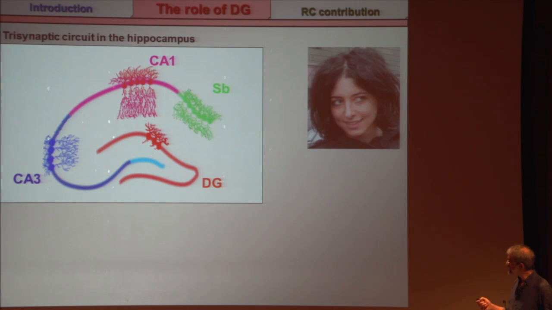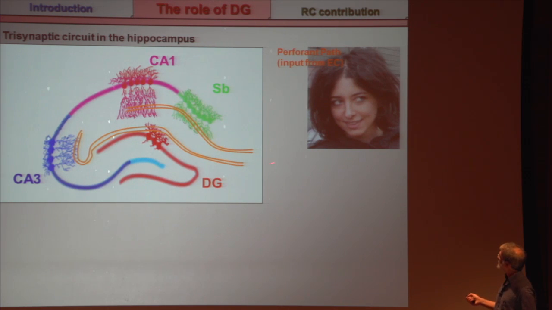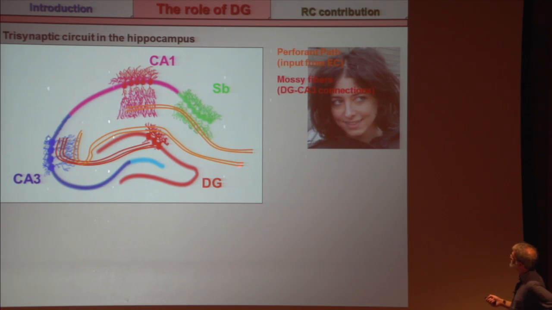So this is a diagram of the internal organization of the hippocampus. You have these three main regions and another region called the subiculum. And there are connections that come from the cortex. And there is this most interesting set of connections called the mossy fibers that link the first region in a sort of information flow through the hippocampus.